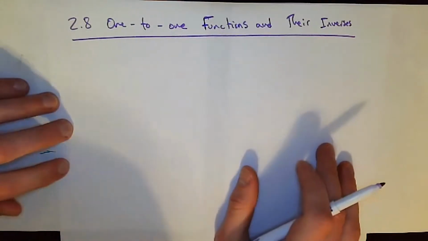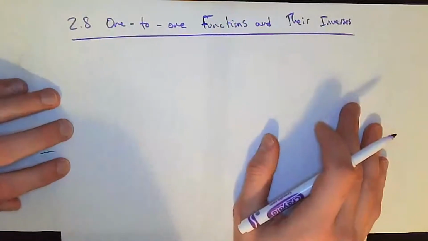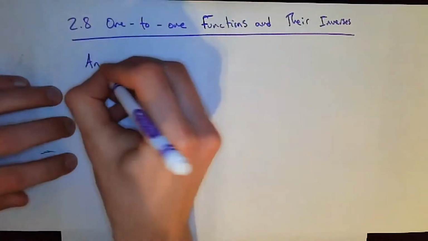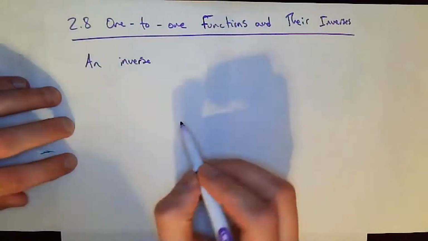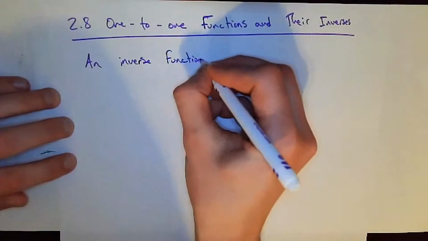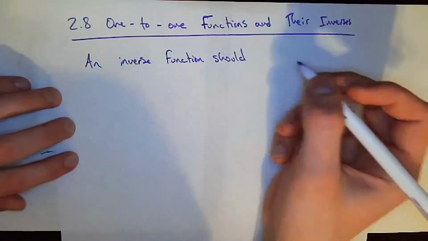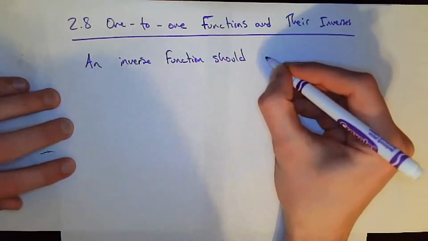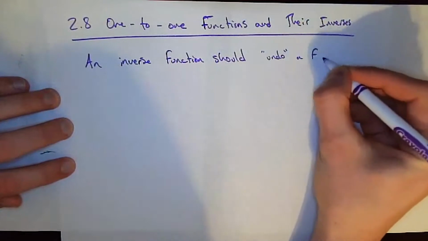An inverse function, for now, we're going to officially define it later, but for now, let's say an inverse function, which is going to be the main idea for this section, let's just talk about it in a non-technical sense at first. An inverse function should, quote unquote, undo a function.